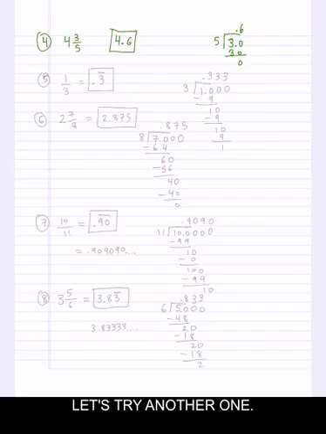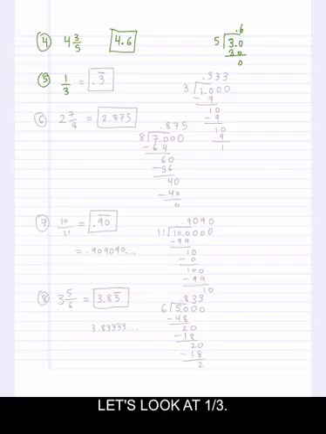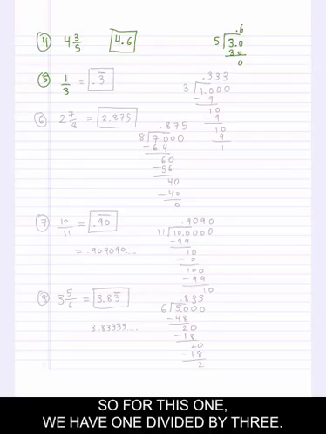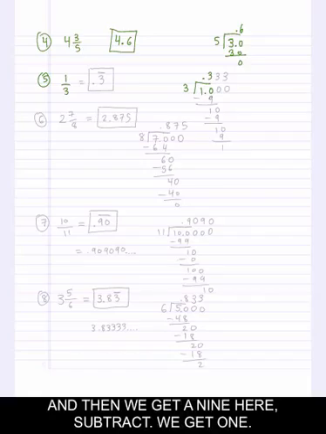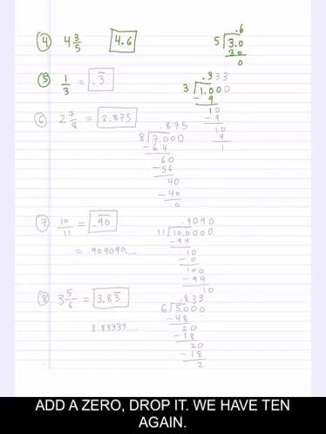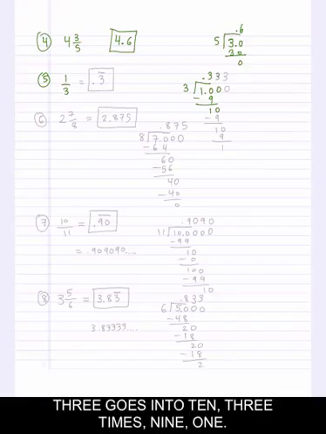Let's try another one. This time you're going to notice something a little bit different. Let's look at 1/3. So for this one we have 1 divided by 3. I'm going to put a point there. 3 goes into 10 3 times, and then we get a 9 here, and subtract, we get 1. Add a 0, drop it, we have 10 again. 3 goes into 10 3 times. 9, 1.